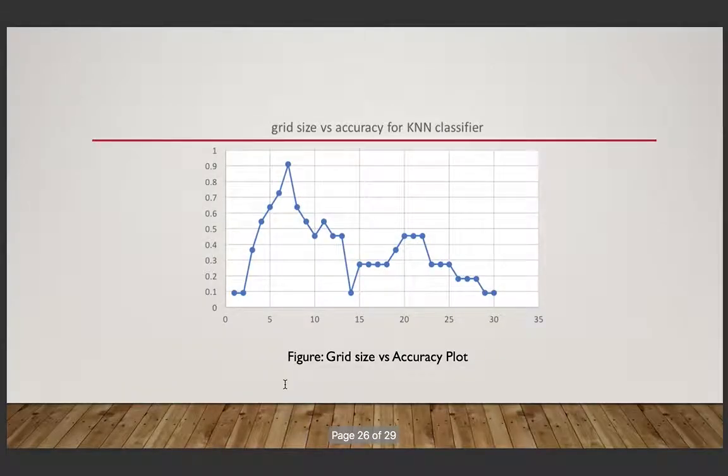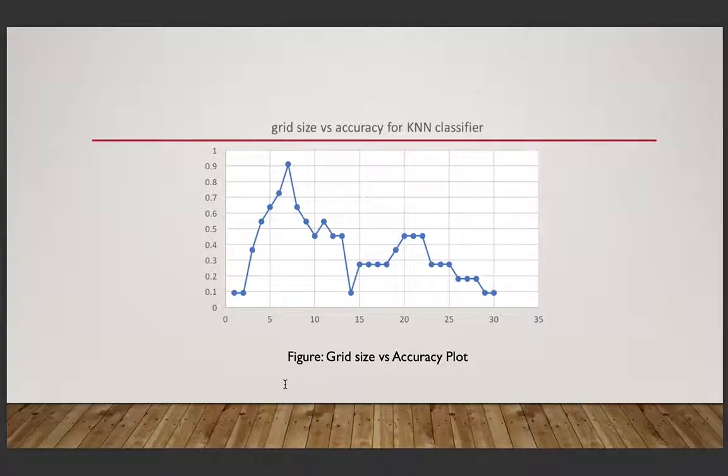Here in this graph we can also see the grid size. This is a graph that plots grid size against accuracy. We can see that when the grid size is too low, the accuracy is very close to 0, and when the grid size is too high, the accuracy is also very close to 0.